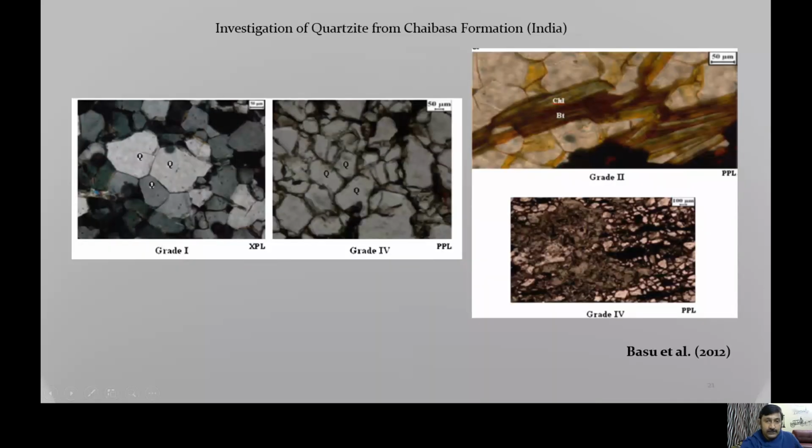Now, in terms of photomicrographs, as you can see, when it is grade 1, the quartz grain boundaries are quite intact, but in case of grade 4, it is very loose, and the fluidization of biotite is also there as the weathering intensifies.